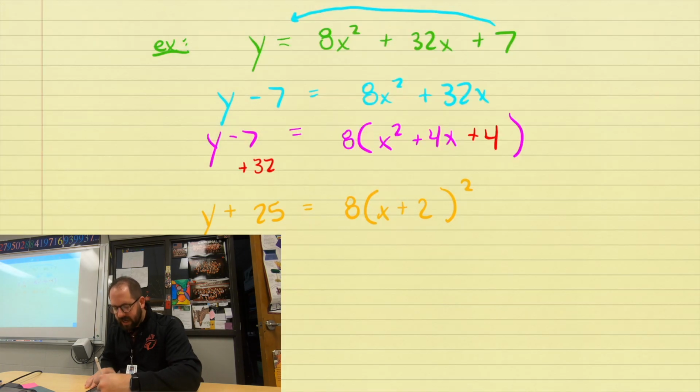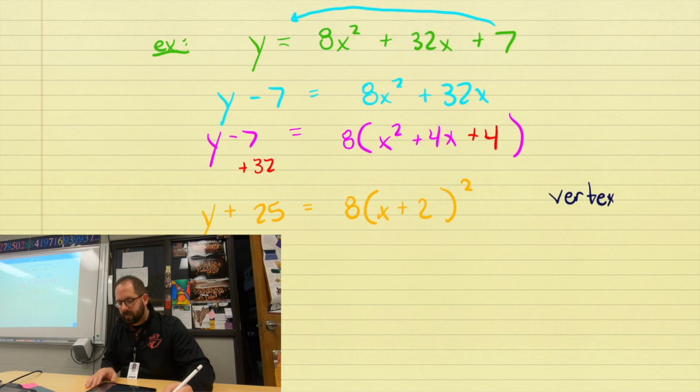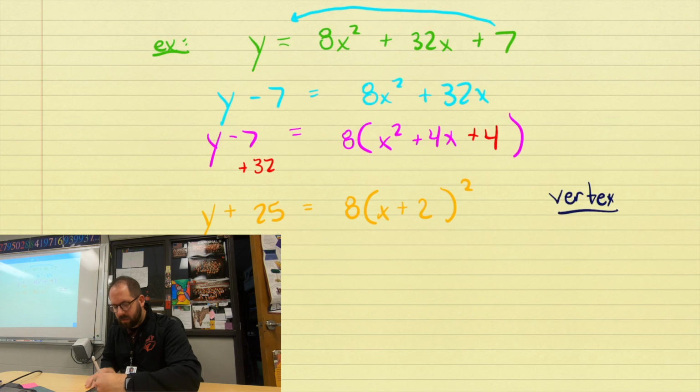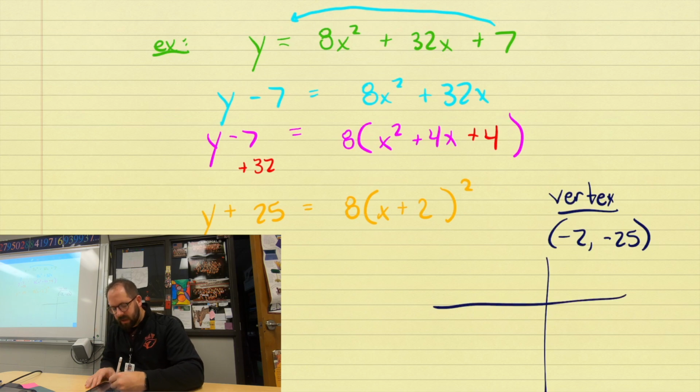Okay, so I think we can read off what my coordinate is. What is my vertex on this particular problem? Negative 2, negative 25, perfect. If I was drawing a rough scale of this, here's negative 2, here's negative 25, so that dot's down here, and the parabola is going up.